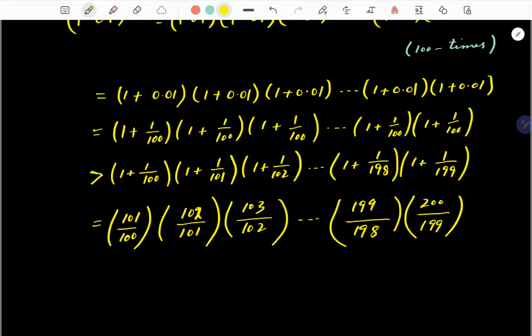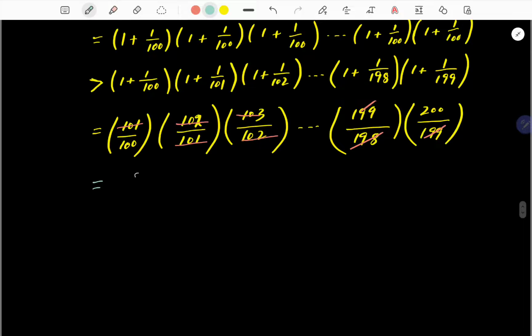All these will cancel out, and only one term remains in the numerator, 200, and one term in the denominator, 100, which is equal to 2.